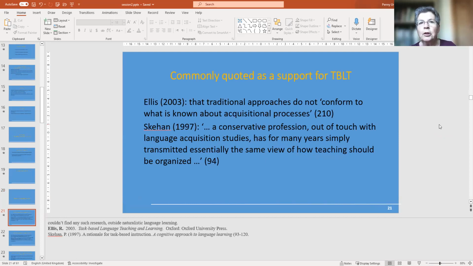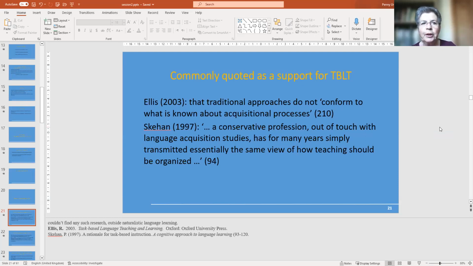And Skehan talks scathingly about a conservative profession, he means us, out of touch with language acquisition studies. So what he's saying is that language acquisition studies essentially support TBLT, or the approach underlying TBLT.